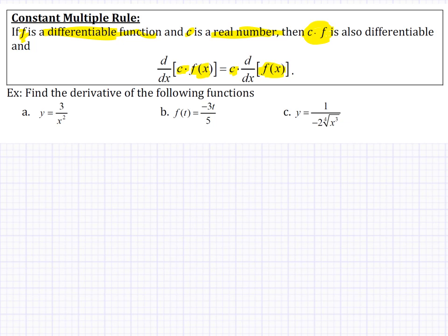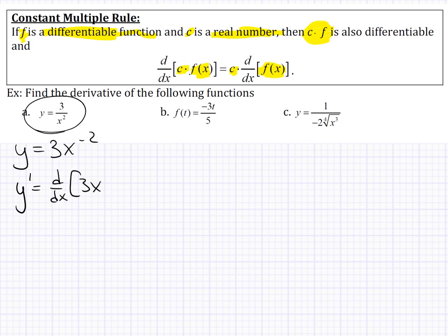And so applying that to some of these examples, we see that this example, if rewritten as y equals 3x to the -2, we can apply the constant multiple rule in addition to the power rule. So in taking the derivative, I would take the derivative of 3x to the negative 2.